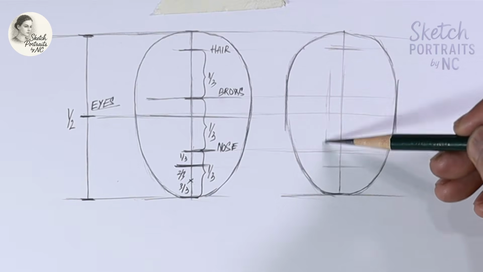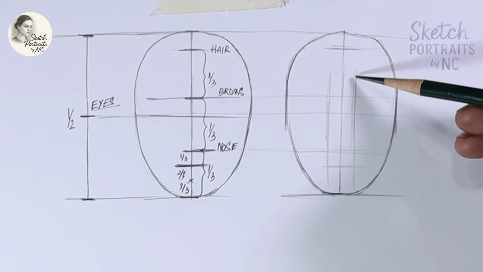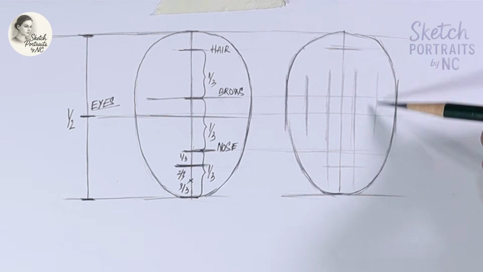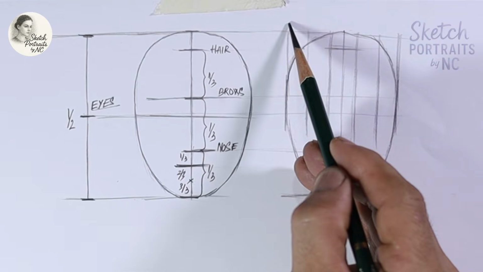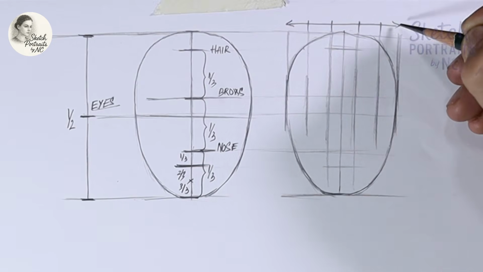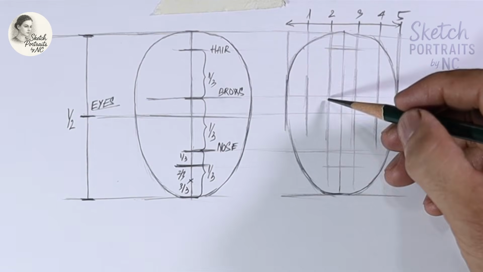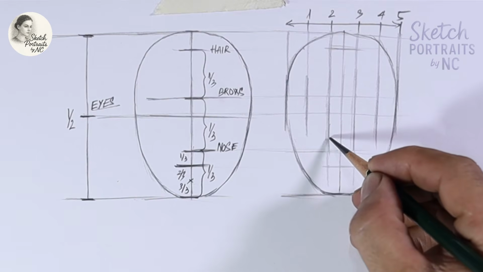Next, divide the width of the face into 5 equal parts. The middle part is the nose. The 2 sides are the eyes. The outermost part is the 2 temples. That is, the eyes, nose, eyes occupy the 3 middle parts, and the 2 outer parts are the distance to the ear rim.